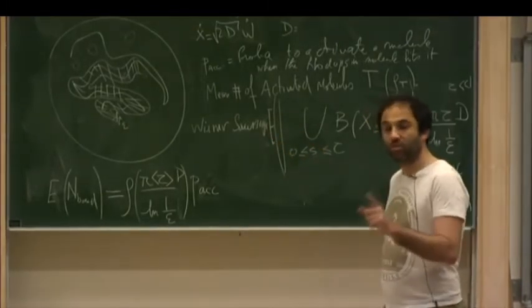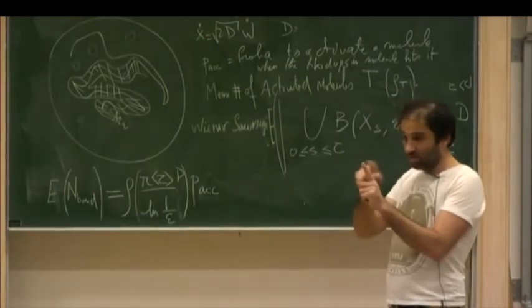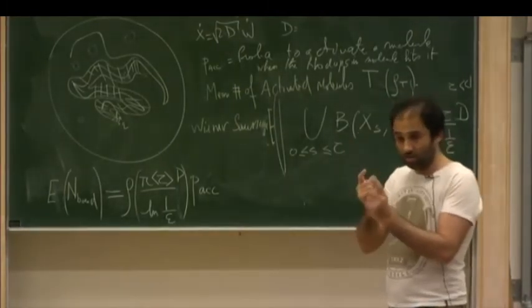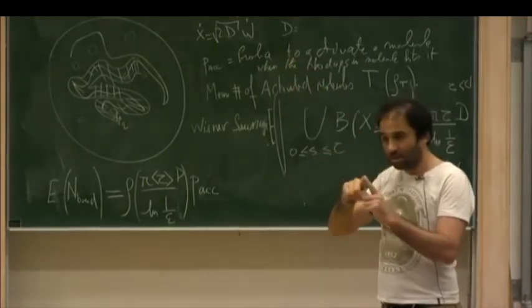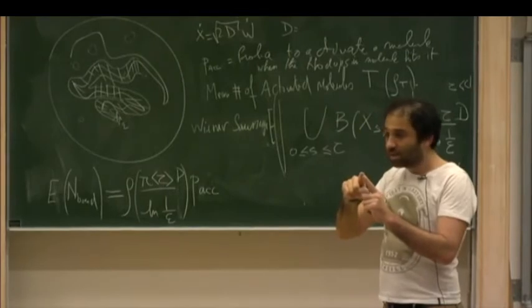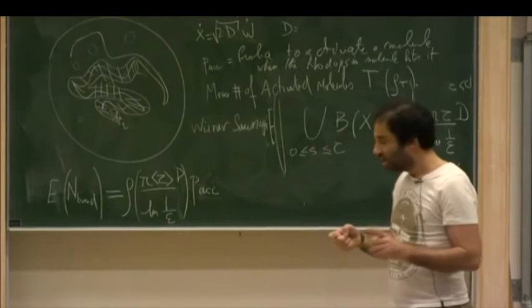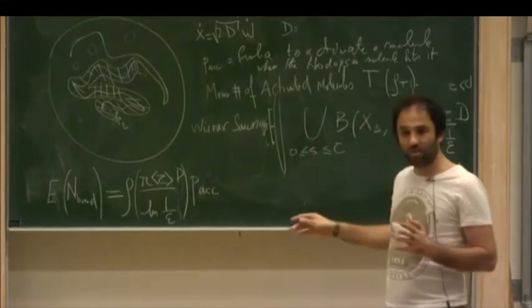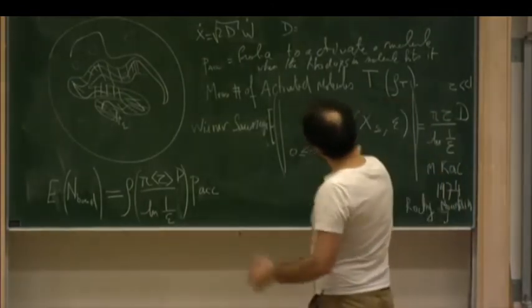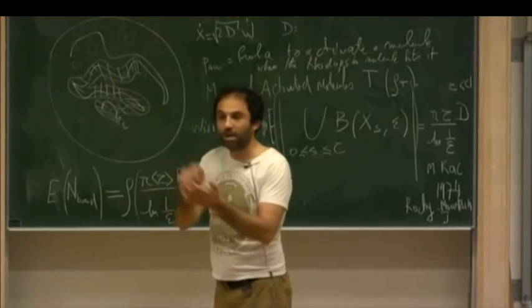What is the property of the Brownian motion? If you have a Brownian motion and you simulate it, what do you observe? Is the Brownian motion doing this? No. It comes back again and again and again. So this is something that we haven't taken into account, because we're saying that each time the particle encounters, it activates.